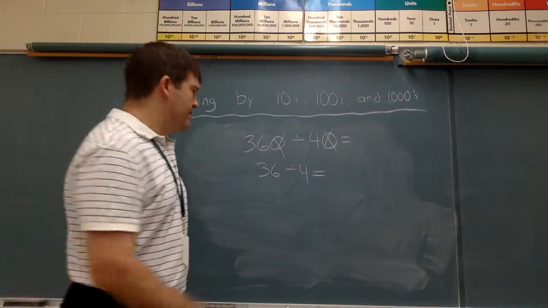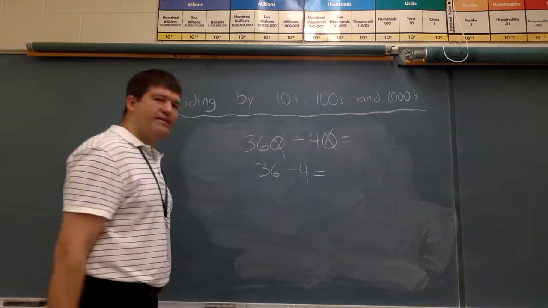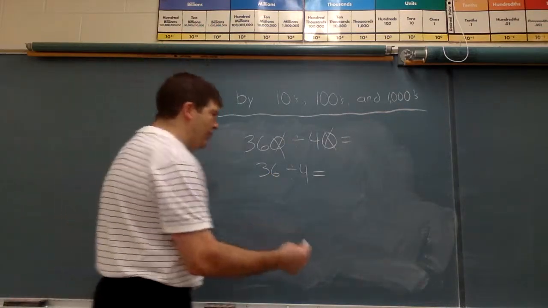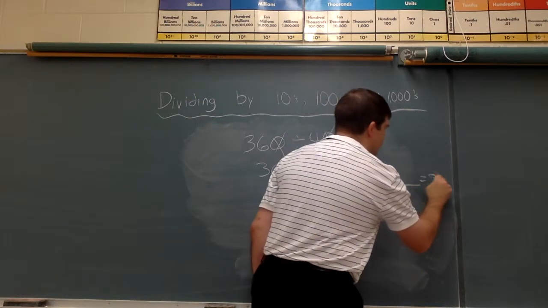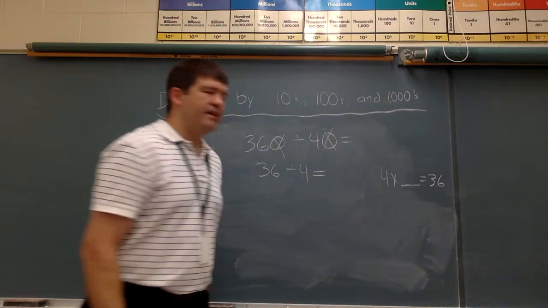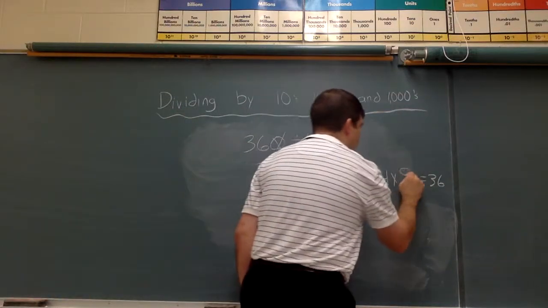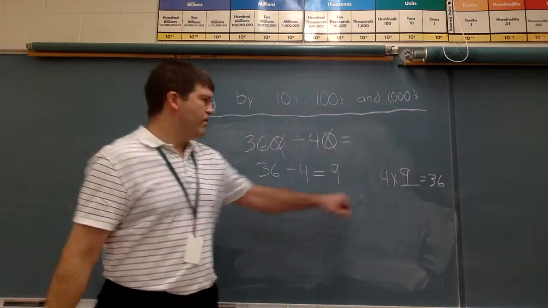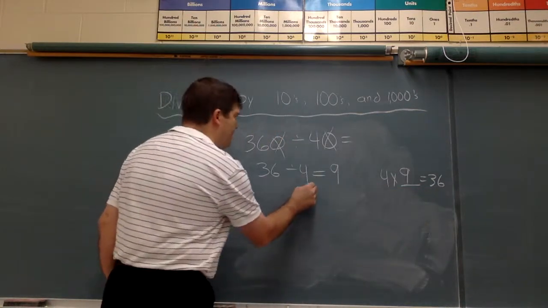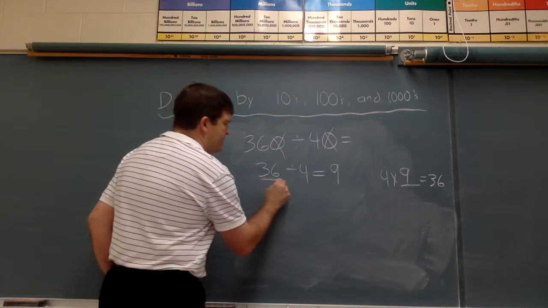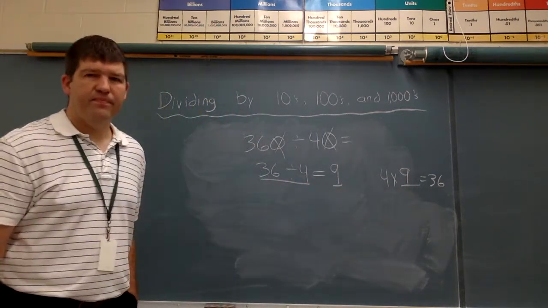I can tell myself 4 goes into 36 how many times? Or 4 times what equals 36? And I know that it is 9. So 4 times 9 is 36. And so over here, 36 divided by 4 gets me to 9.